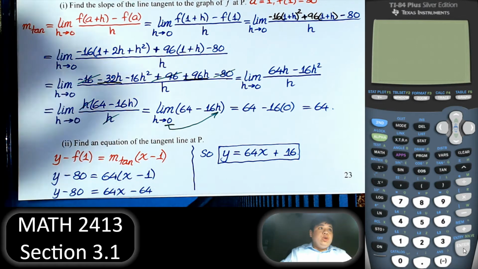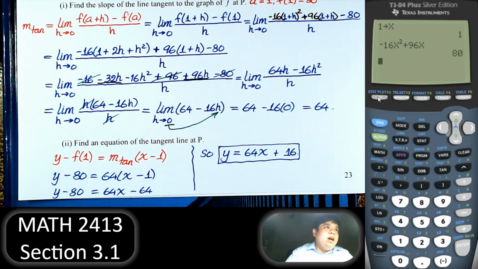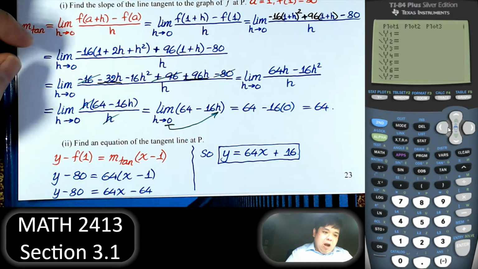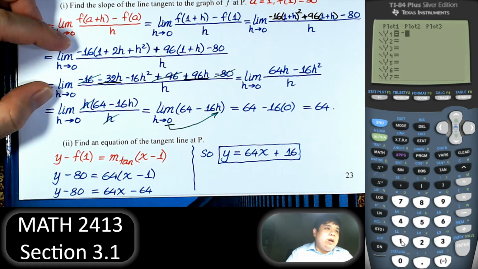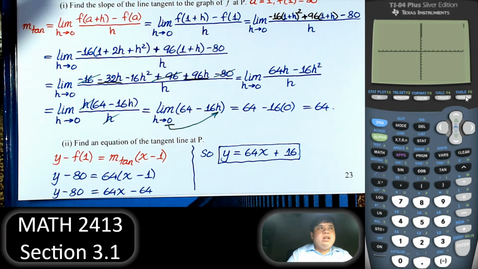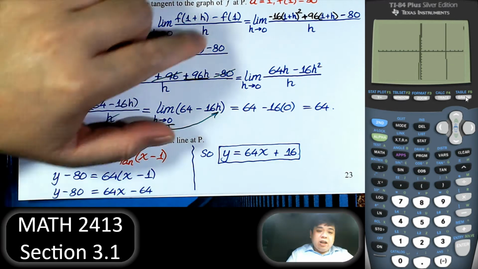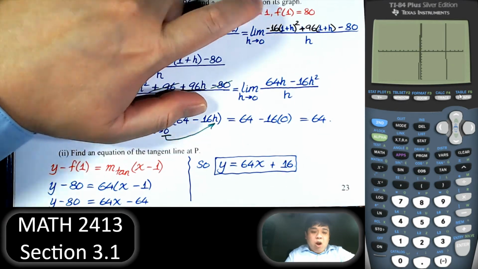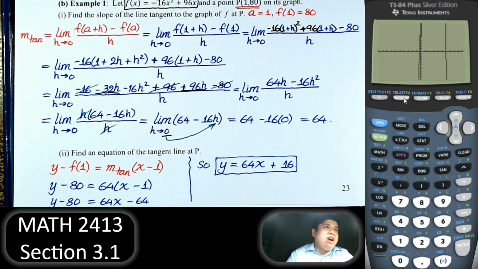Right, so if we want to check, we will graph first negative 16x squared plus 96x, and the other equation is 64x plus 16. Of course, if we graph like that, we won't be able to see it, even though the tangent line is at x equal to 1, but the y value is 80, so we have to make the graph big enough.